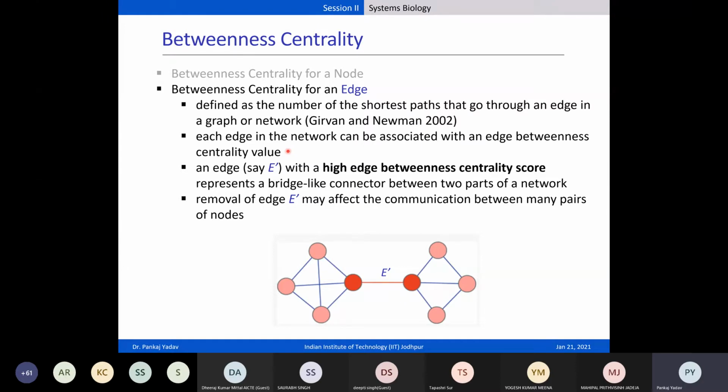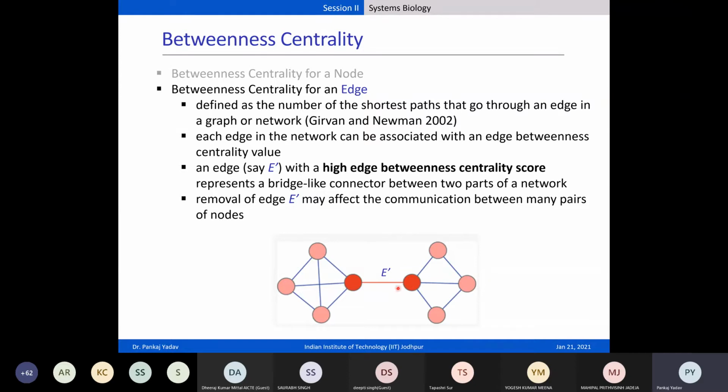Say in this figure, in this network, we have this edge E prime. We expect that this will have a high edge betweenness centrality score, because it represents a bridge-like connector between two parts of a network. You can think of the whole network as made of two communities, this subgraph and this subgraph, connected through this edge E prime.